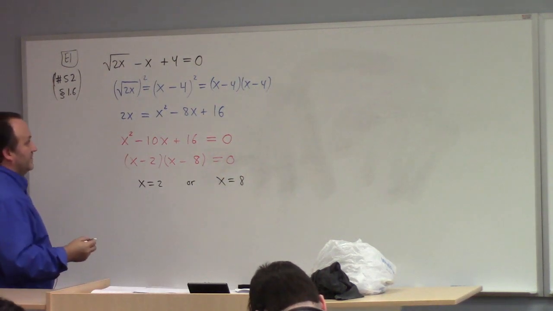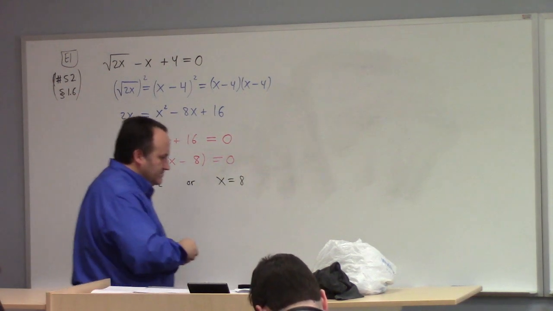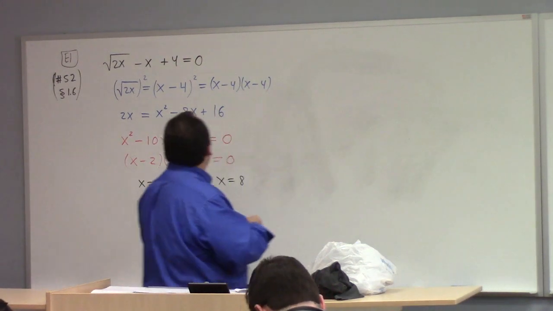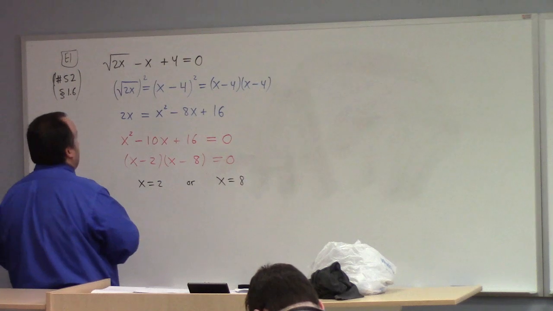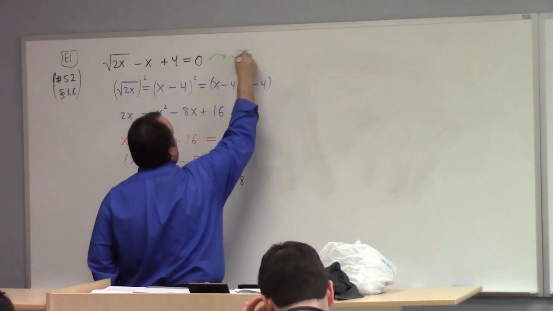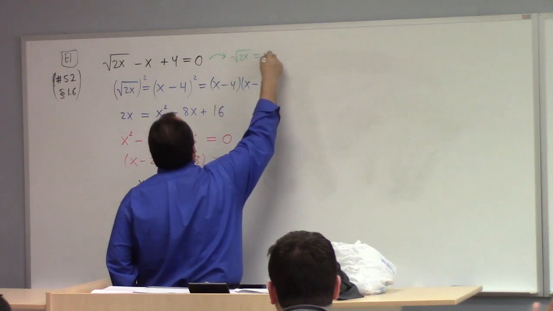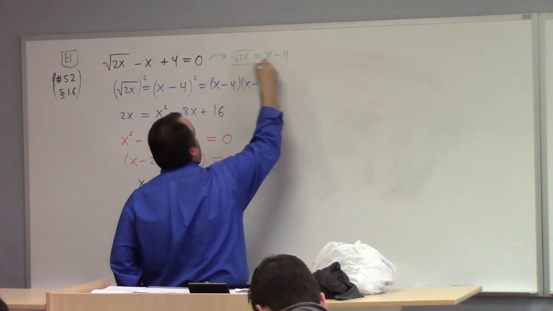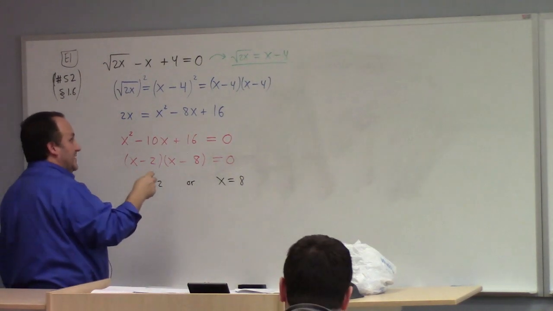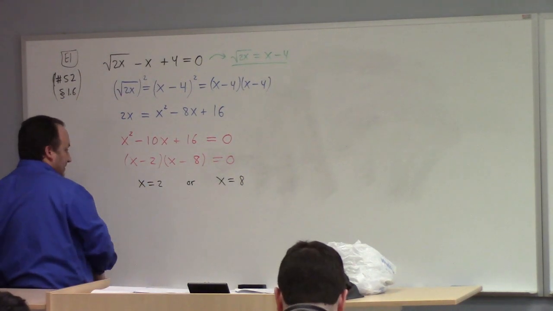Now, let me just point out that we can already kind of tell, well, I guess we can't tell yet. I like to look at the original problem, the square root of 2x equals x minus 4. It's nice to try to use that to check your answers. See, because I can try it out, right?